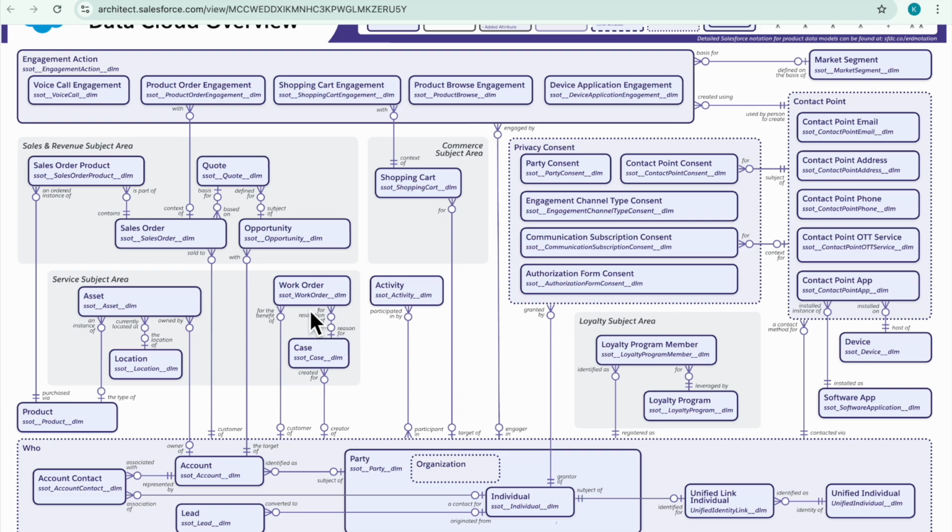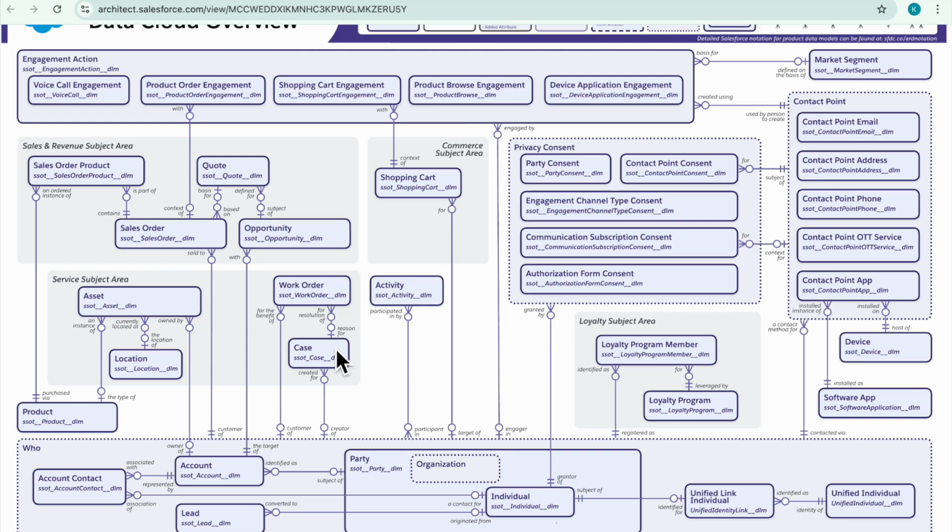And let's walk through a couple of relationships so that it gives a fair idea. This is another kind of relationship where you have 0 or multiple. A case can have 0 or multiple work orders, while a work order can have 0 or 1 case. So this is logical here.